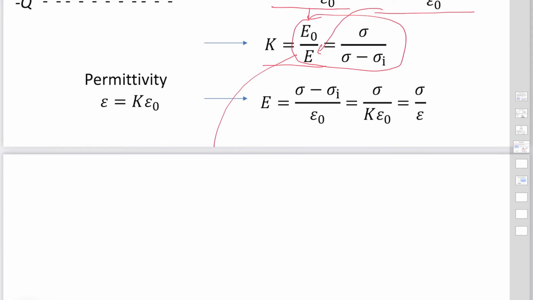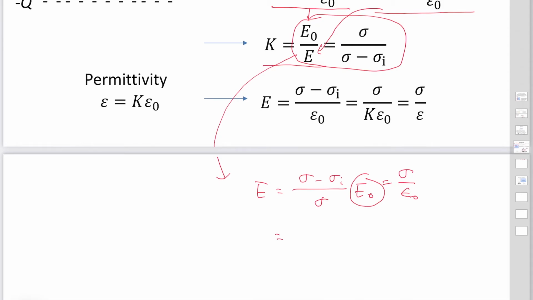From these equations, E equals sigma minus sigma sub i over sigma times E sub 0. And E sub 0 is equal to sigma over epsilon 0.